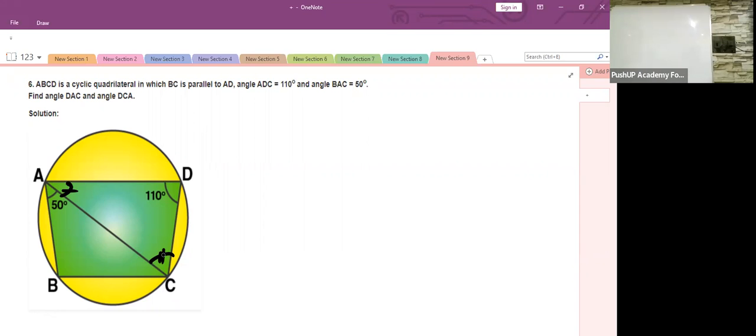What is the external angle? The external angle is equal to the opposite interior angle.